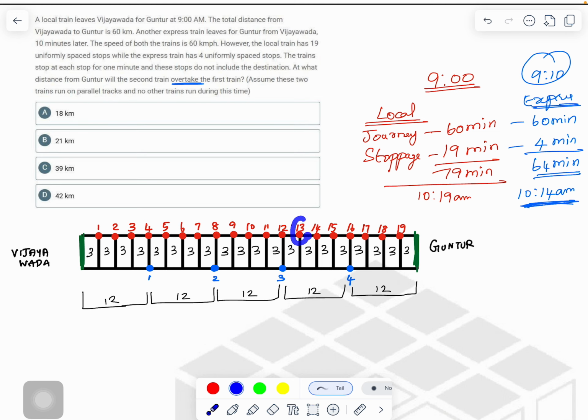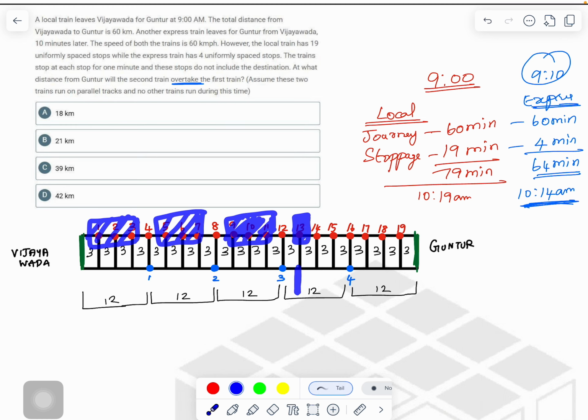And by the time the local train reaches this 13th equally spaced spot, that 10 minutes delay also happens. So basically this 3 stops, this 3 stops, this 3 stops, and this 1 stop. So these 10 stops would have given an extra 10 minutes delay to the local train that is not there in the express train.